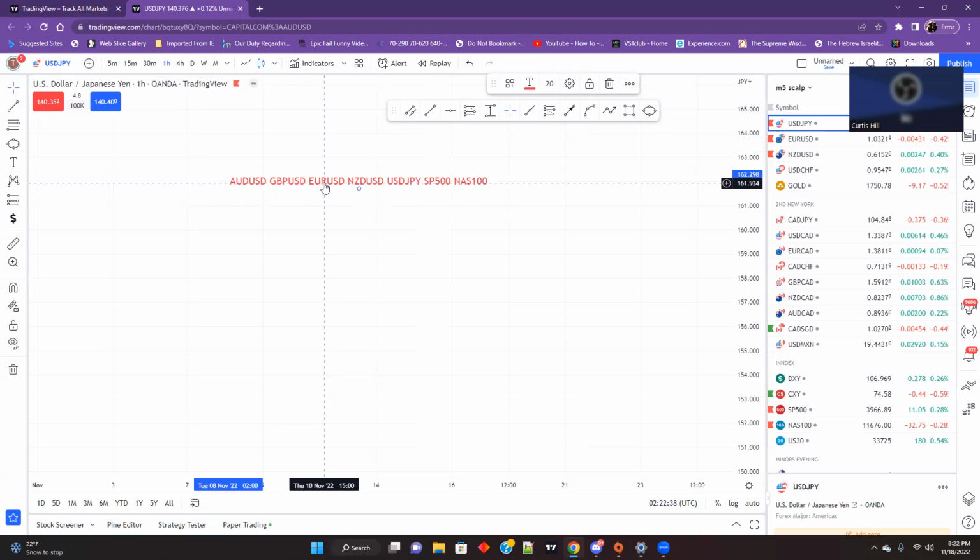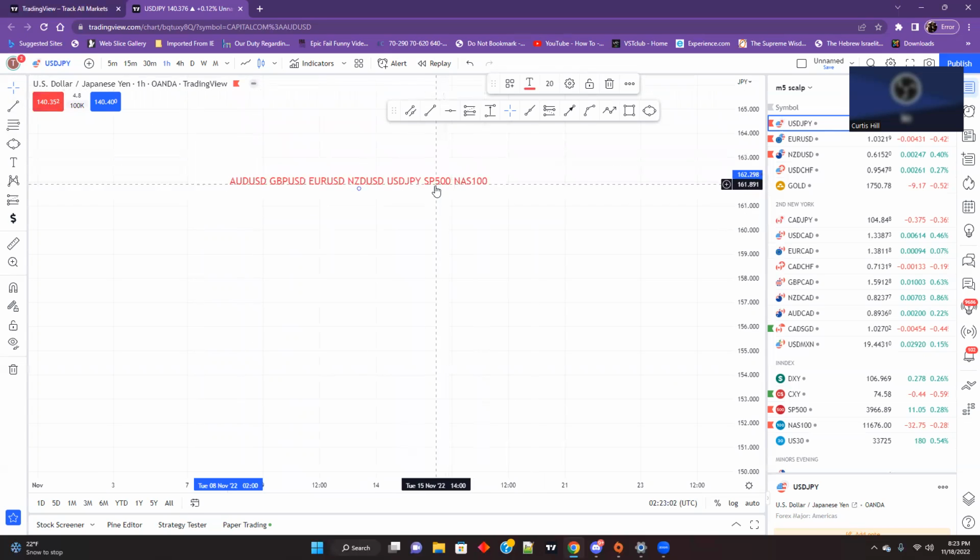I'm always looking at the DXY, which is the dollar index. New Zealand has always been my favorite pair since I started trading. It's pretty stern and likes to go in one direction. USD JPY is just volatile and moves in one direction violently because it's against the yen.